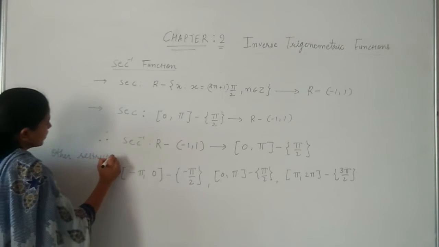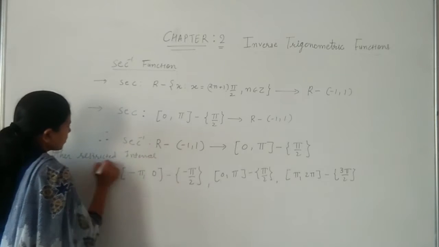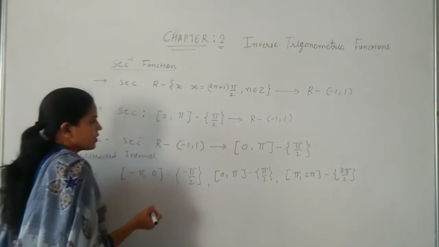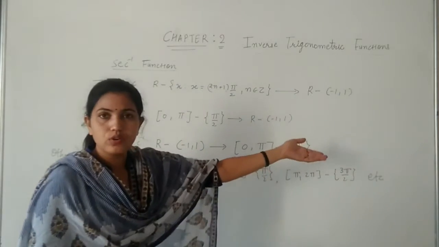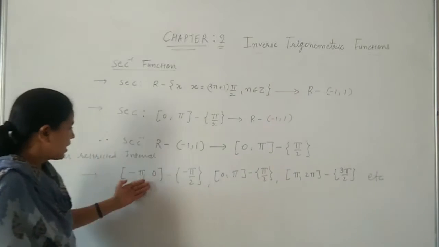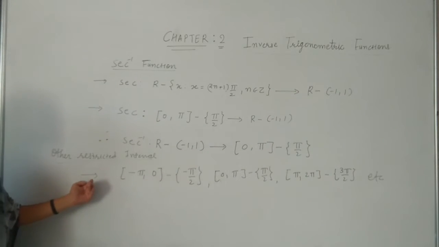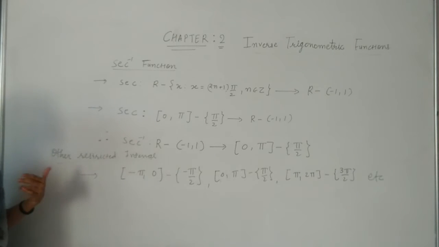Okay, other intervals which we can restrict our domain, etc. There are so many others. You can find out till 2 pi to 3 pi minus pi by 2. Here minus 2 pi to minus pi minus 3 pi by 2.